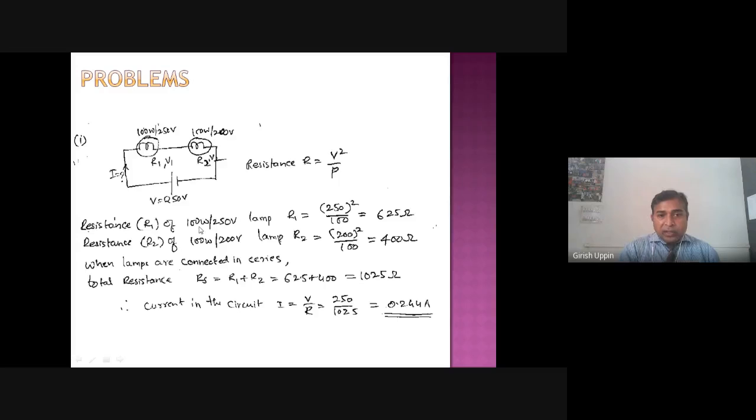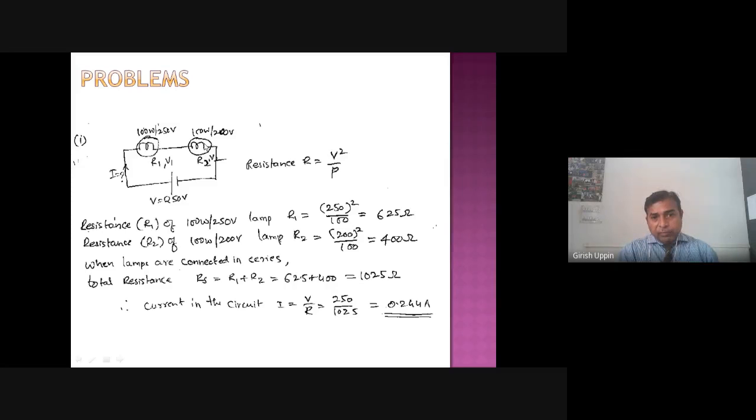Resistance of the 100 watt 250 volt lamp, R1, is equal to, the formula we are using, R is equal to V square by P. How did we get it? P is equal to V square by R. Rewriting that equation, R is equal to V square by P. For the first lamp, 250 is the voltage, square divided by 100, that will come as 625.